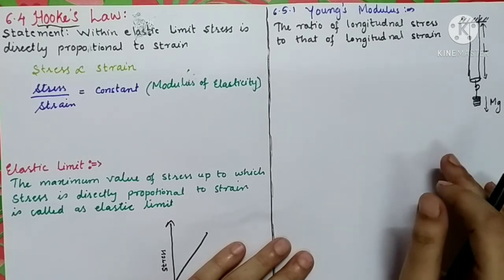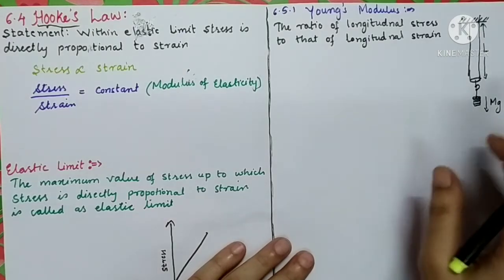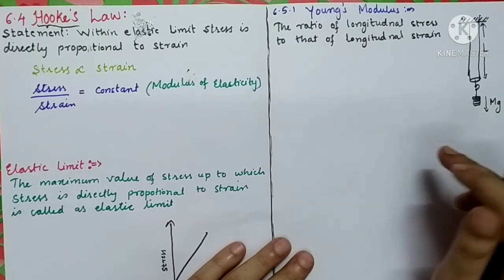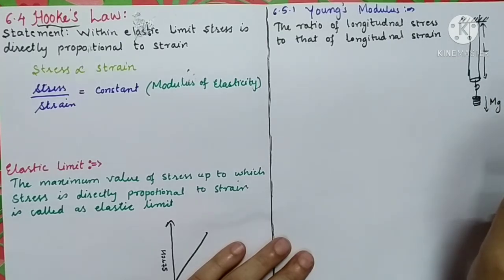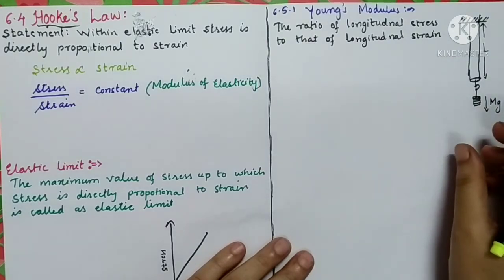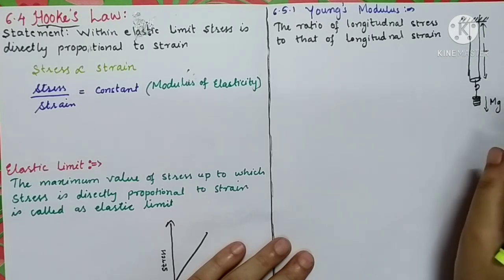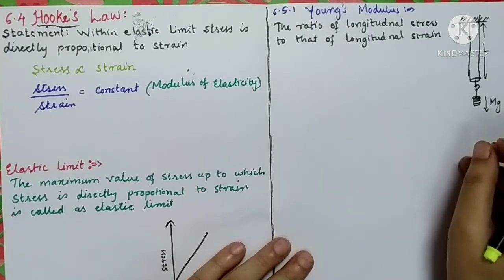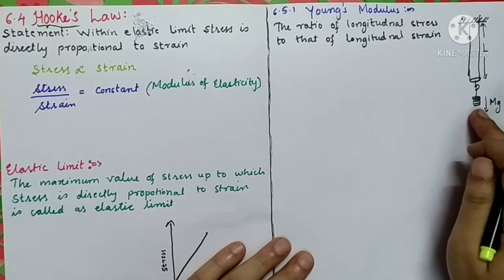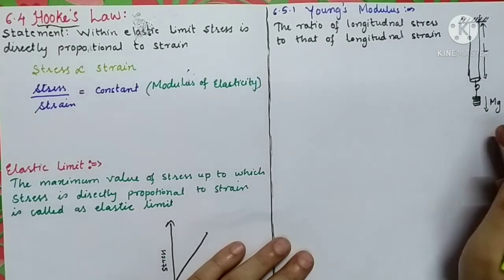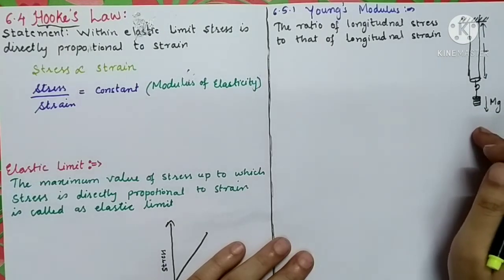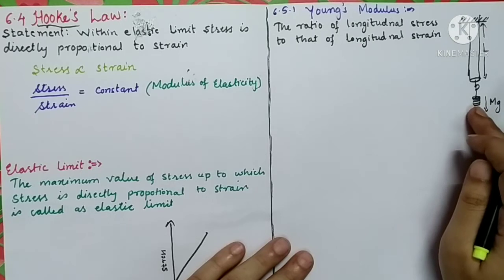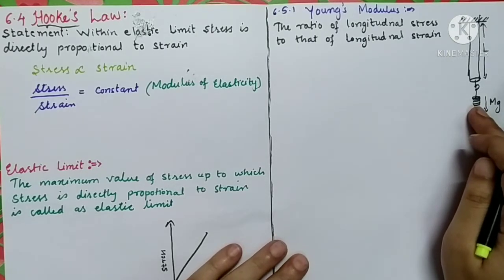So Hooke's law is a result of this experiment in which Robert Hooke had taken one wire that is subjected to a continual increment of stress. He found that when we go on increasing the stress, strain also increases. Strain means change in length per unit original length.